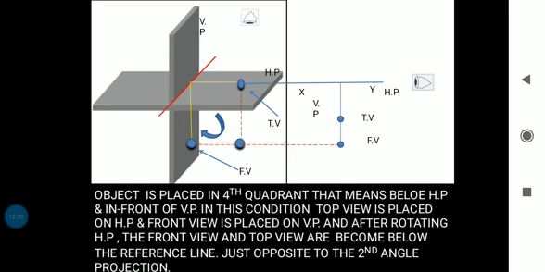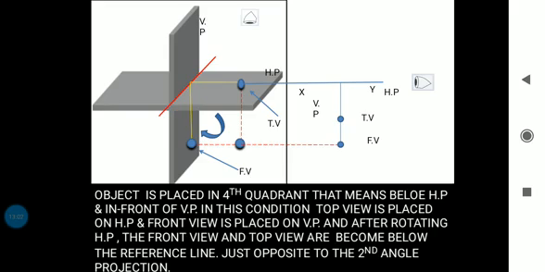This fourth angle projection is exactly opposite to the second angle projection, and first angle projection and third angle projection are opposite to each other.